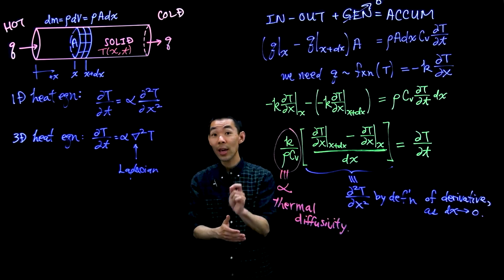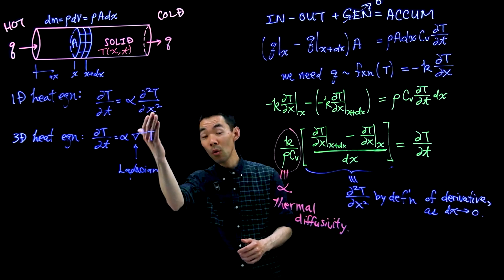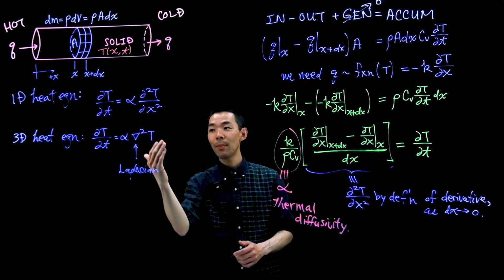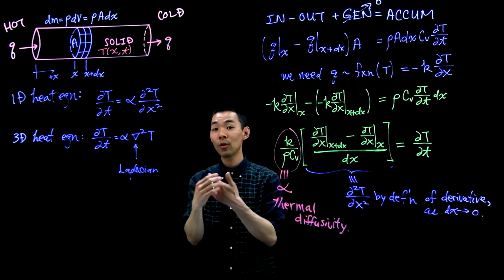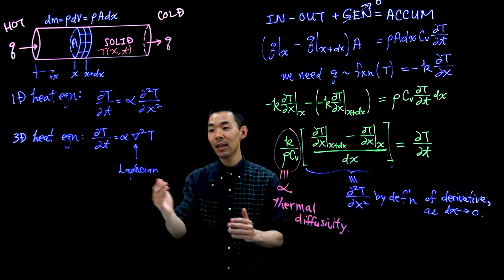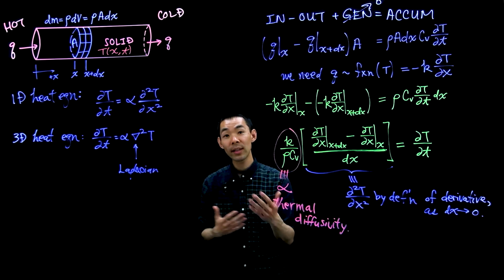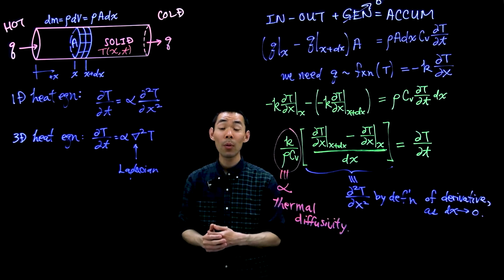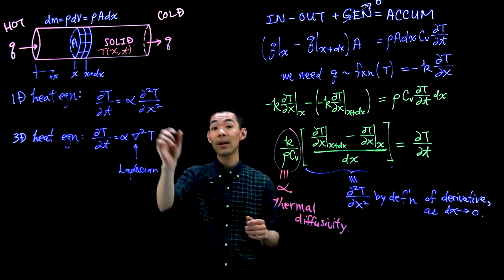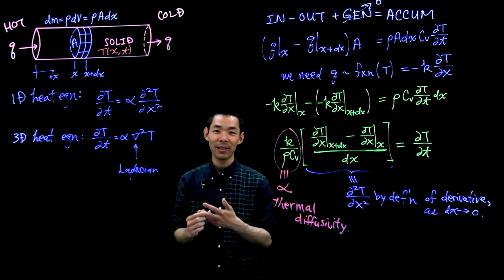The only change we need to make is that on the right-hand side, you have not only a second derivative with respect to position x, but you also have a second derivative with respect to position y and z. And that can compactly be written in the form of what's called a Laplacian. And depending on different coordinate systems, the Laplacian will take on different forms, but morally, it's the same. You have a second derivative with respect to each of your individual coordinates, x, y, and z.